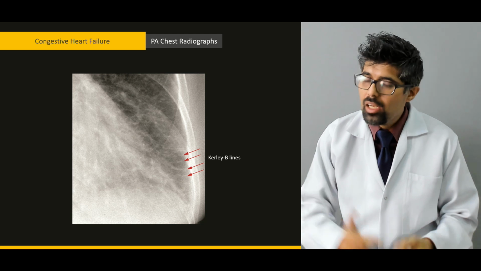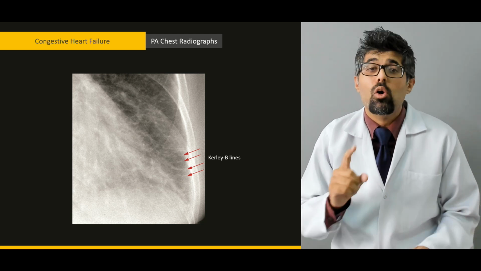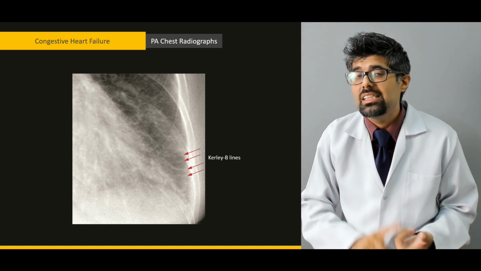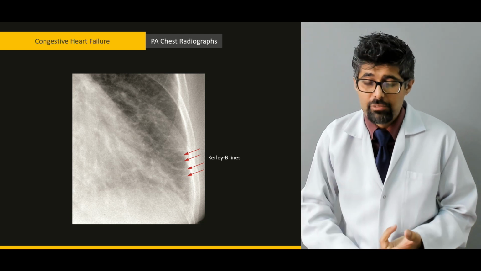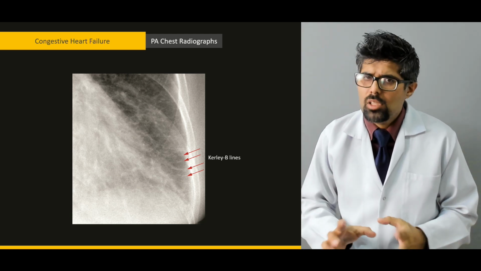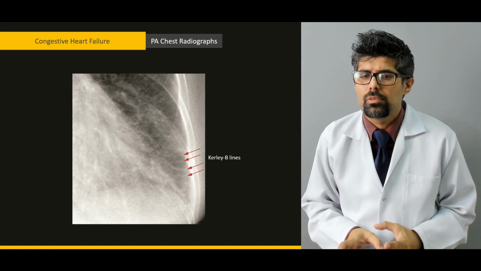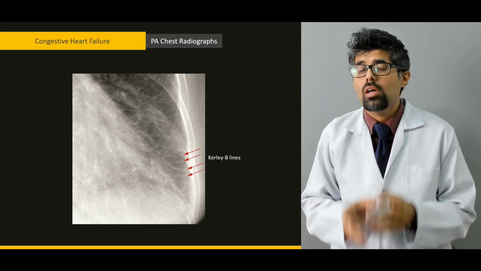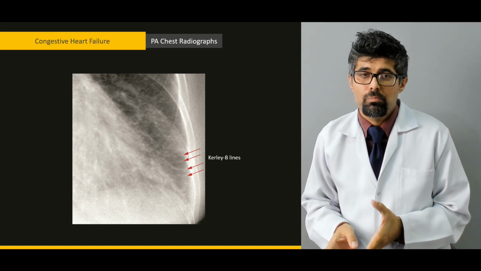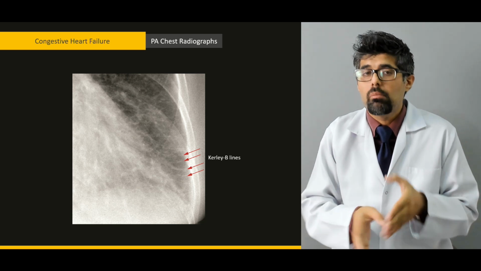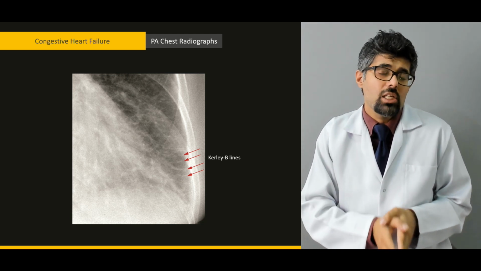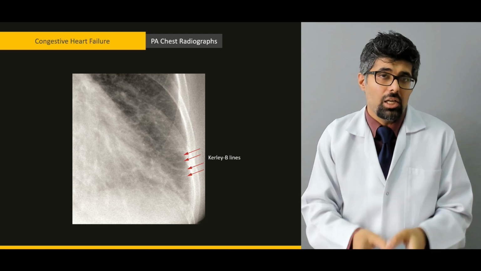Now, Kerley A lines and Kerley C lines are also observed in CHF, but they are not usually observed. What is usually observed are the Kerley B lines, and they are due to the edema along the interstitium of the lower lobe of the lung.